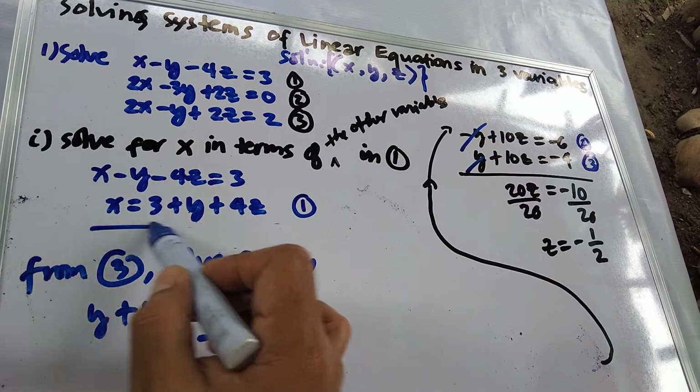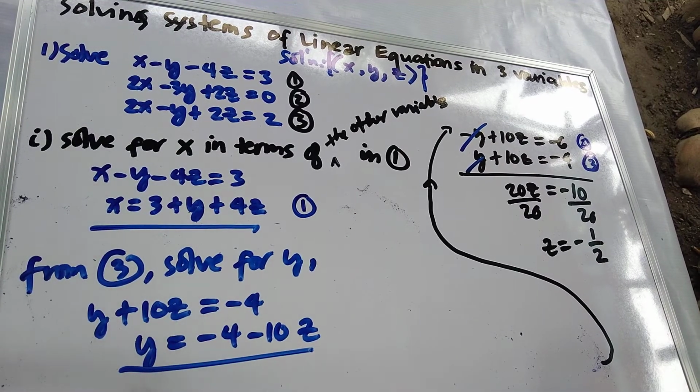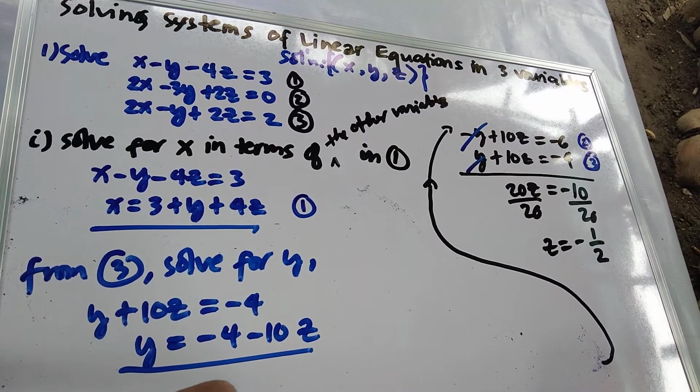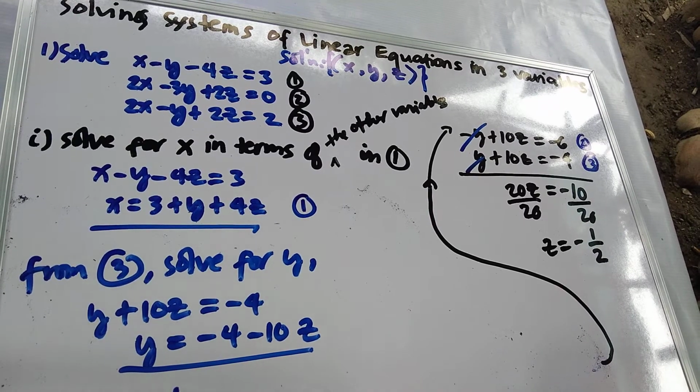So y can be obtained if we substitute the value of our z. So we substitute z is equal to negative 1/2.